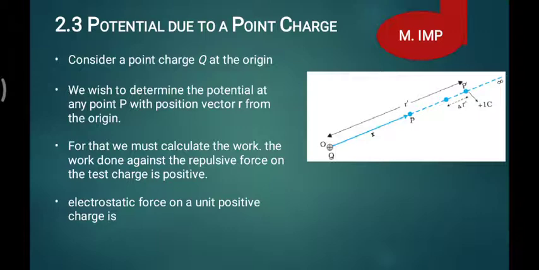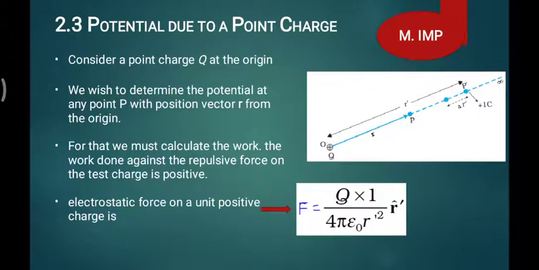The electrostatic force on a unit charge is F equal to Q upon 4 pi epsilon 0 r square. This is simply Coulomb's law. With capital Q and small q, the small q is 1, so it is Q upon 4 pi epsilon 0 r prime square.